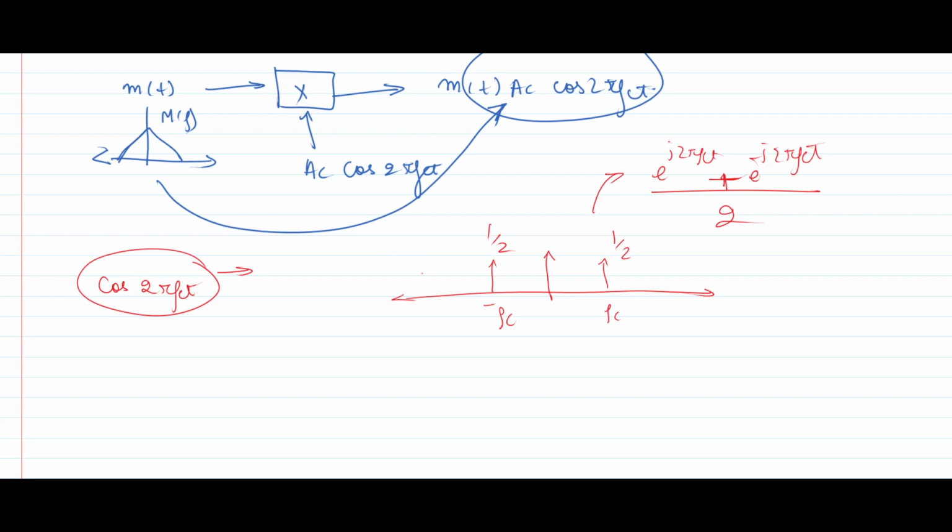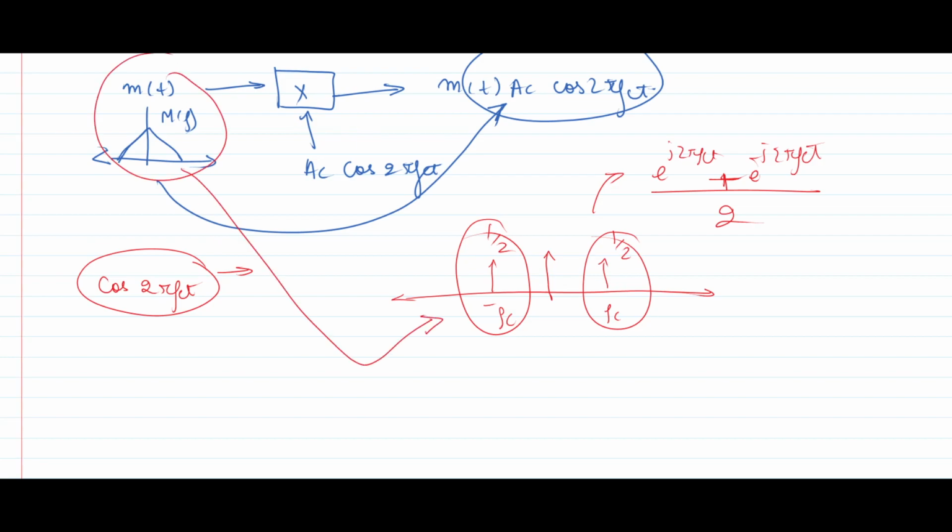Okay, so you have two impulses, one at plus fc and one at minus fc. So after getting these impulses, the basic thing you will know is that if you multiply two things, so this is the message signal, when it is multiplied by this signal, what will happen? This signal will get shifted to plus fc and minus fc.